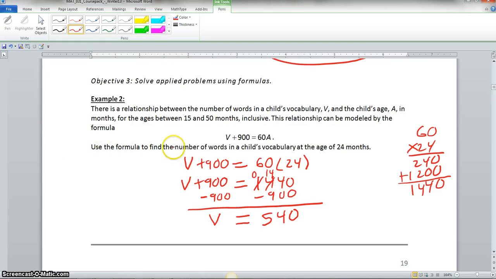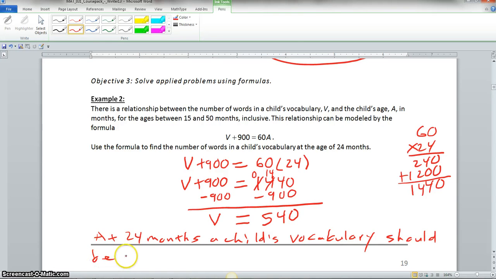So it says use the formula to find the number of words in the child's vocabulary at the age of 24 months. So we could put at 24 months, a child's vocabulary should be about 540 words.